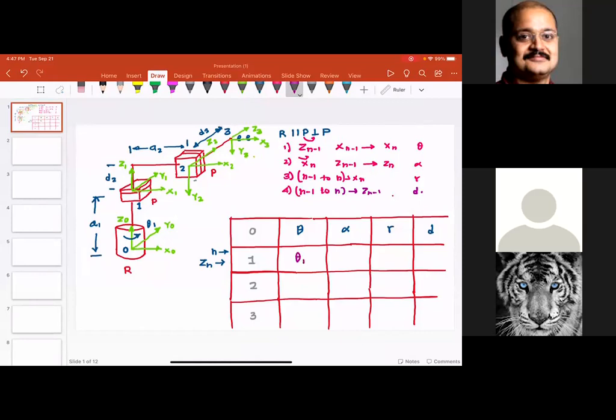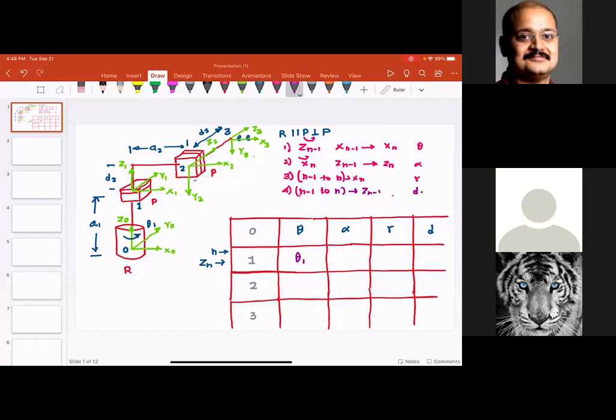And please understand, in this particular case, it may look like x0 and x1 are aligned for the value of theta 1 equal to 0. But this condition needs to be valid for all the values of theta. So imagine that after some orientation change, x0 and x1 will not be aligned.